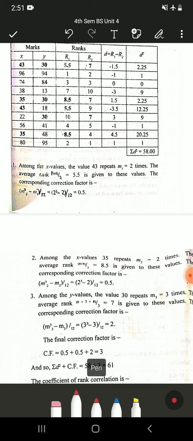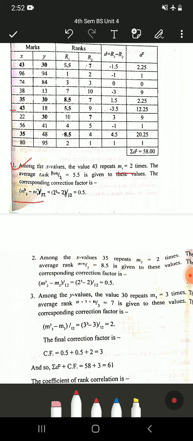factor. So in X we have, let us take 43 as M1. So among the X values, 43 is repeated how many times? 2 times. Therefore M1 is 2. So the first correction factor is M1 cube minus M1 divided by 12.